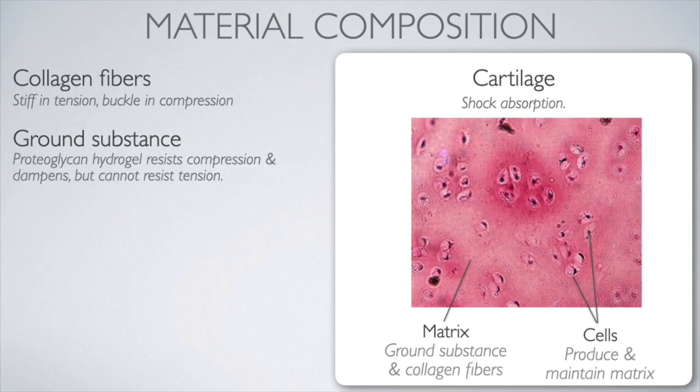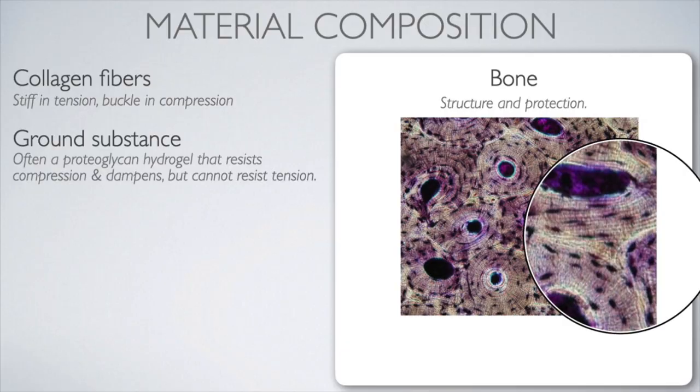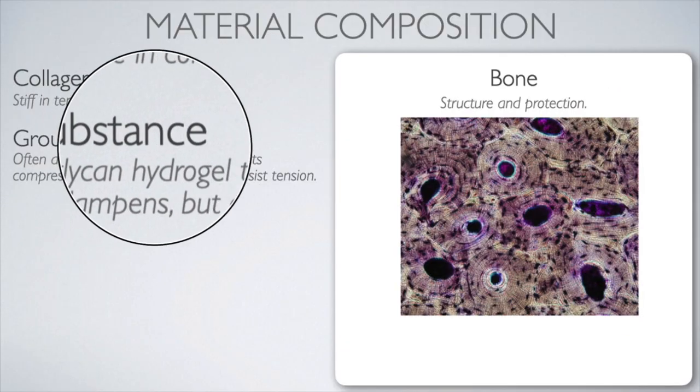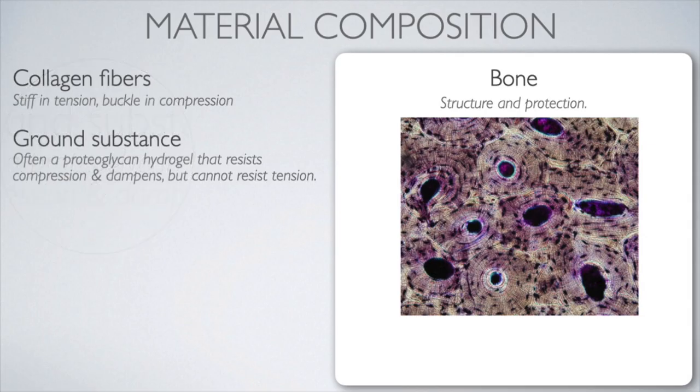Now, there's another type of ground substance. We changed the language here to often a proteoglycan hydrogel. Ground substance can also be found in bone, where it's not a proteoglycan hydrogel, but instead it's composed of hydroxyapatite crystals that fill spaces within a collagen scaffold.